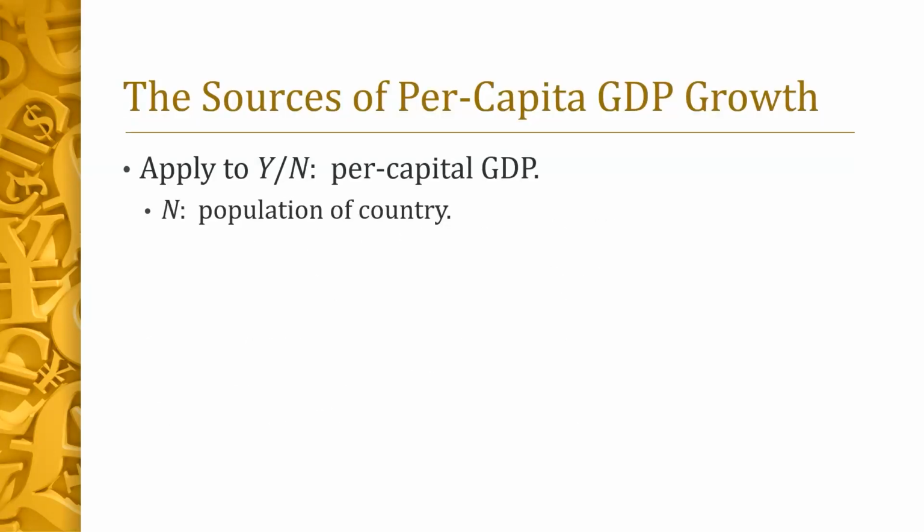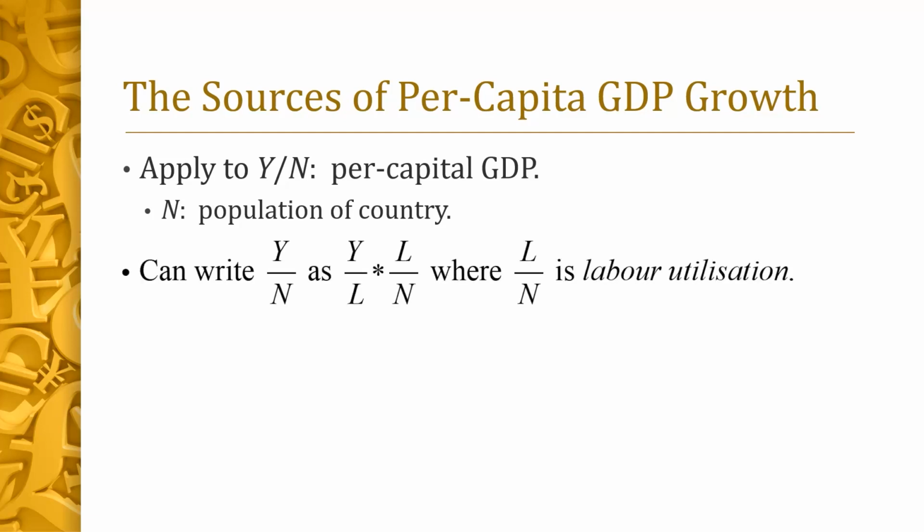Finally, we can use our tools to decompose the growth rate of per capita GDP, Y over N, where N is the total population of the country. We first write Y over N as the product of two terms, labor productivity Y over L and hours worked per capita L over N. The latter ratio is called labor utilization.